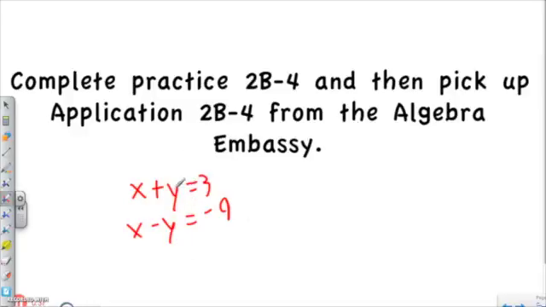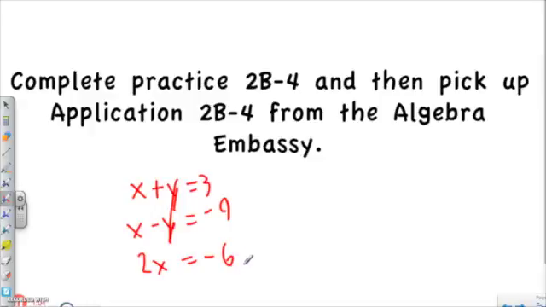Sometimes you will see that your numbers can already combine without you having to multiply anything. In this case, we had the positive y and we have the negative y. We could have gone ahead and combined the terms as is. So we could have done x plus x is 2x, and y minus y would cancel. And on the other side, we would have 3 minus 9, which would be -6. And we could go ahead solving the problem like that.